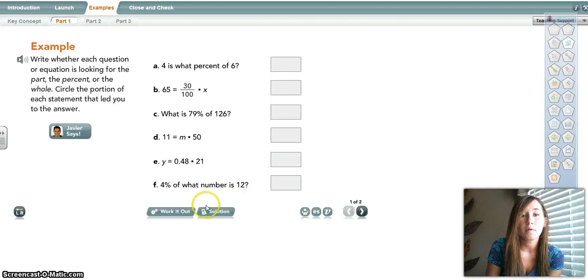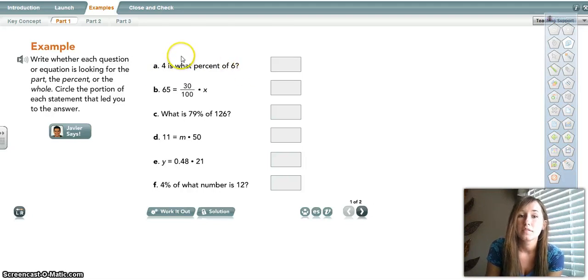All right, before we actually find any values or solve any problems, we're just going to think about some of these situations and just decide, is the question asking for the part, the percent, or the whole? Okay, now let's look at A. It says 4 is what percent of 6? What's this question looking for?